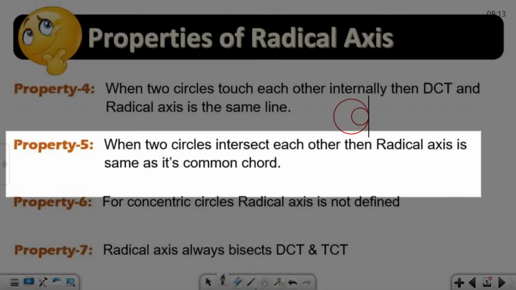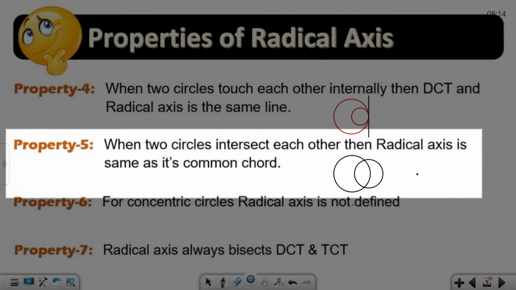Now, when two circles intersect each other, suppose this is one circle and this is another circle, these two circles are intersecting each other at 2 points.